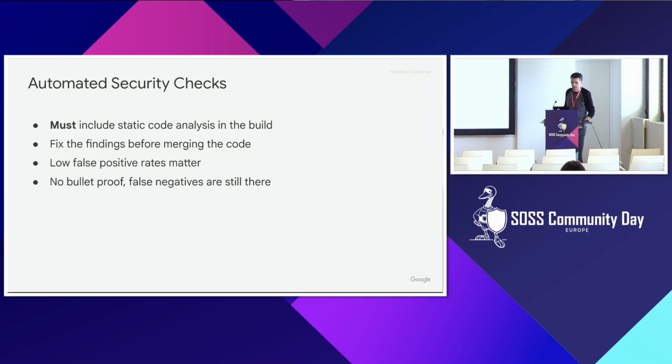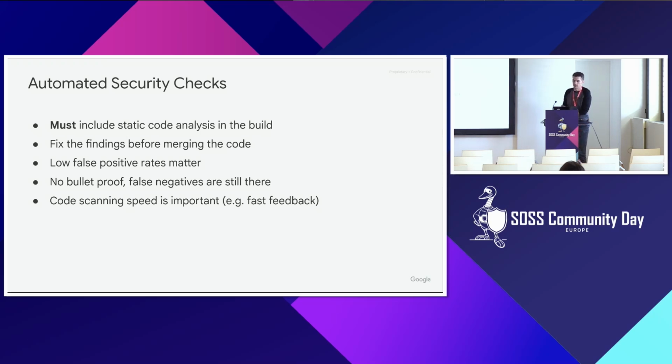Basically, we will always have missed some security issues in our code. So it's not a bulletproof option, but it's a very good first line of defense. And sometimes if we want to integrate this scanning in the IDE, the speed is quite important. Developers want to have fast feedback.